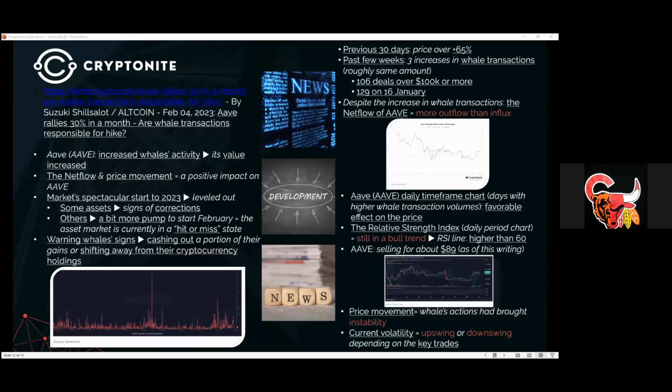There were over 106 transactions that were over $100,000. Whales buying a lot of Aave. So we'll see. It's always important to see that the smart money is actually buying, because that means they know some things you probably don't.